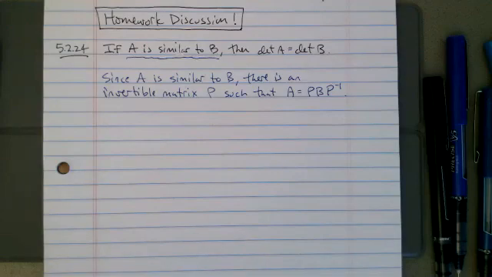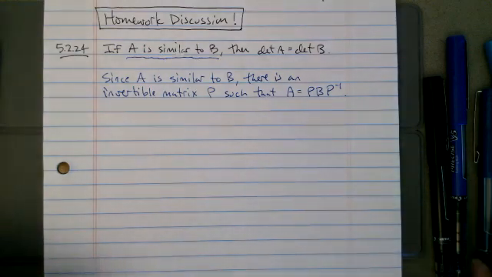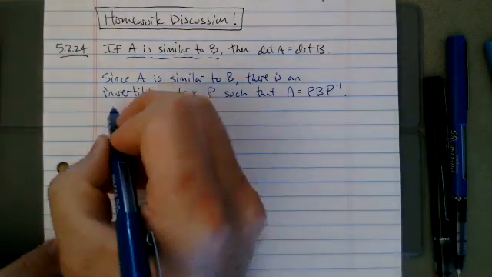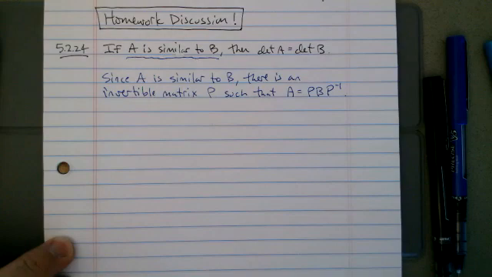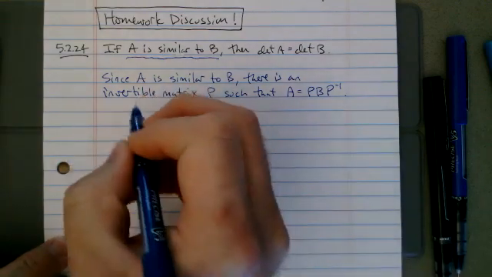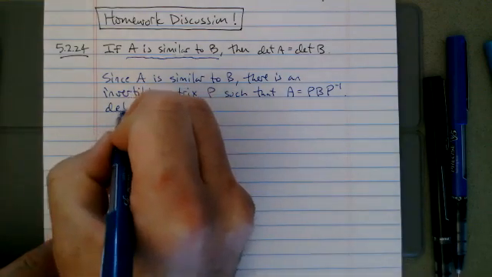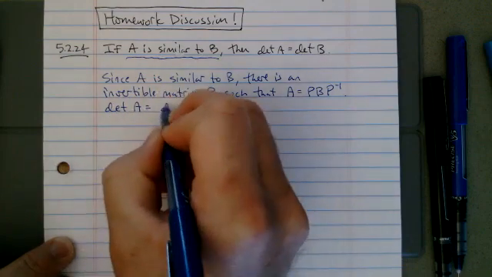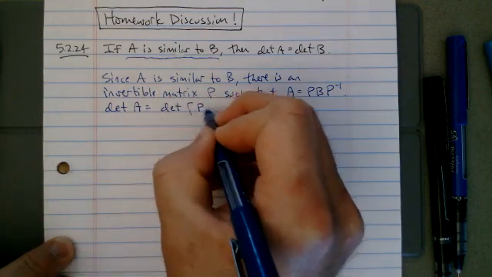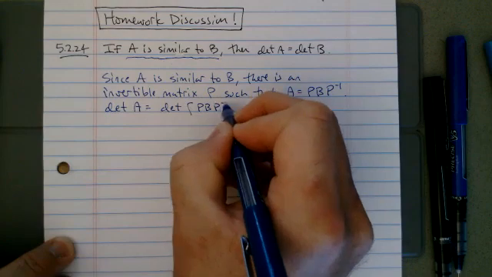Now we want to show that the determinant of A is equal to the determinant of B. So what we can do is take the determinant of A, and by properties of determinants, the determinant of A is equal to the determinant of P times B times P inverse.